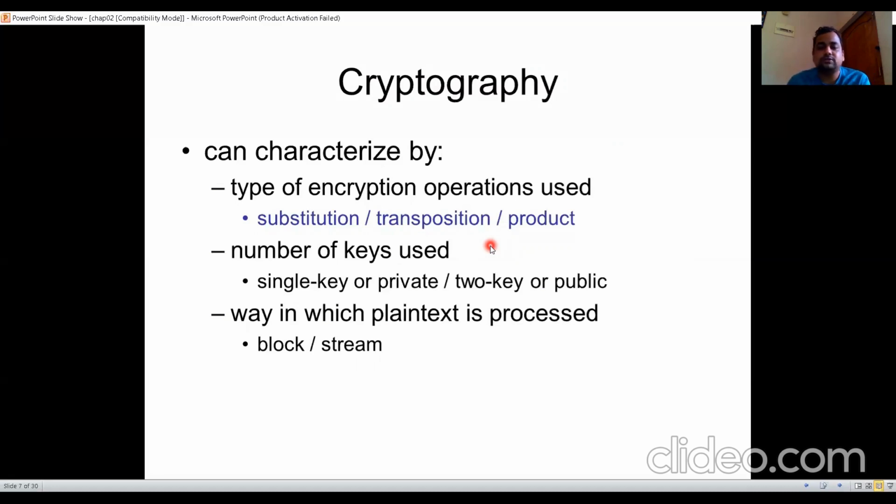Basically there are two types of structures in which we can process the plain text, and those are stream and block. If one character goes for encryption at a time, it is a stream cipher.